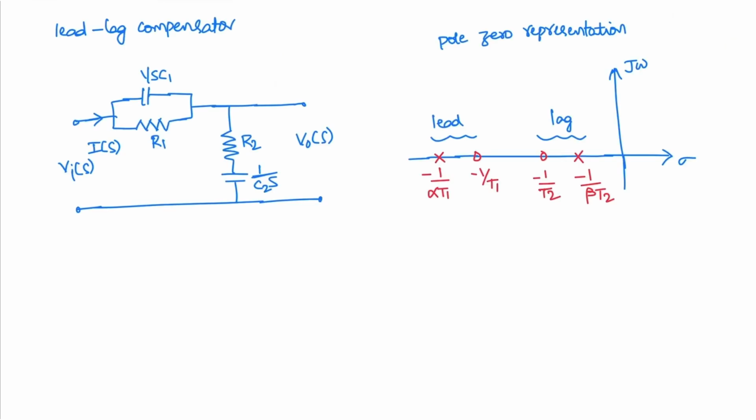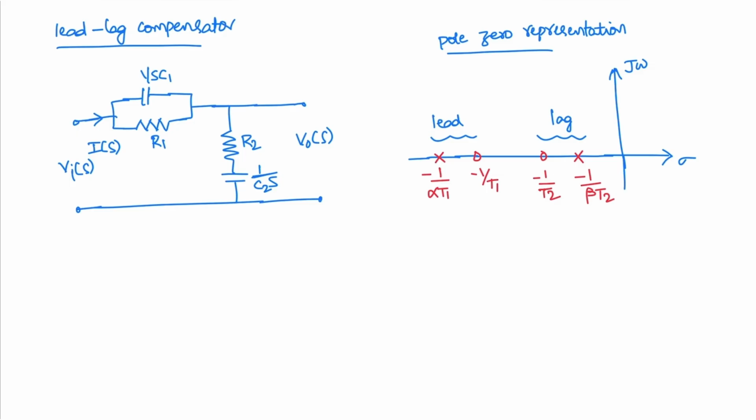Next, let us see some more points regarding one more compensator, the lead lag compensator. This is the representation diagram for the lead lag compensator, and this is the pole zero representation of the lead lag compensator.